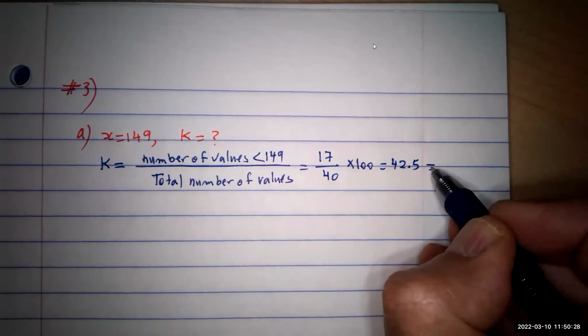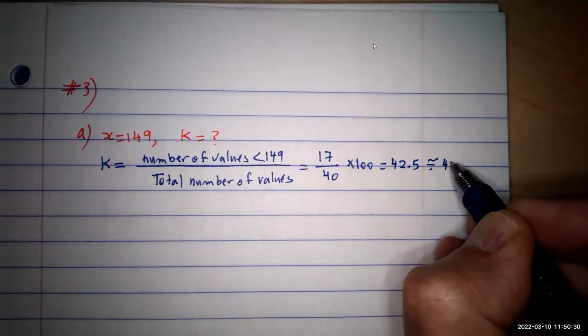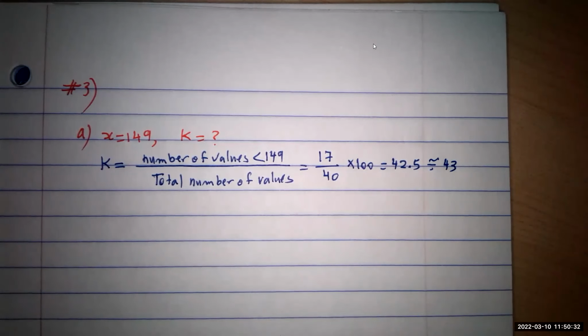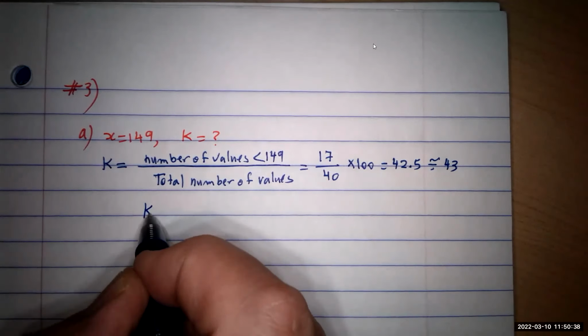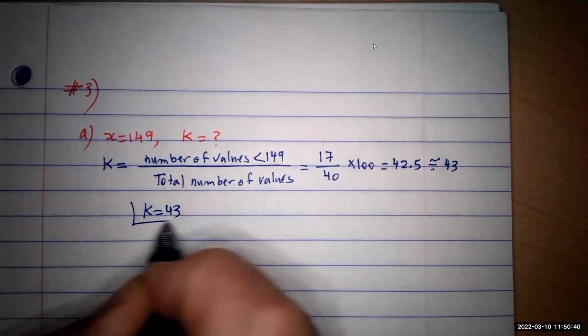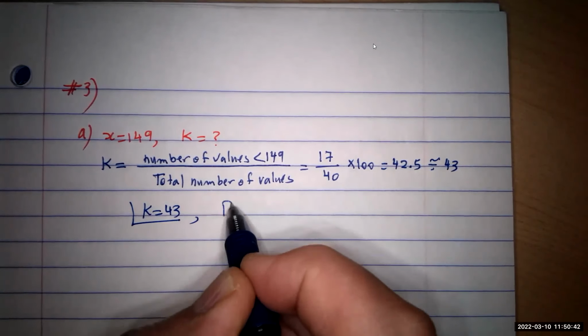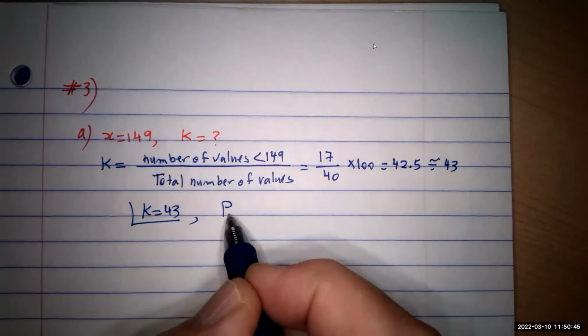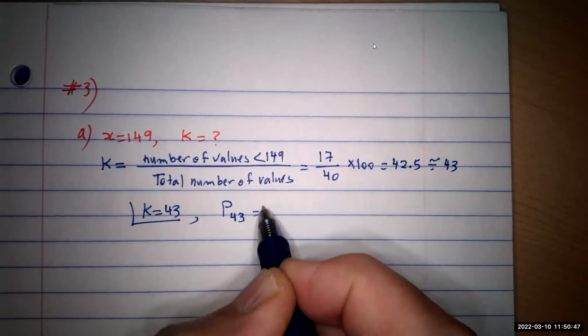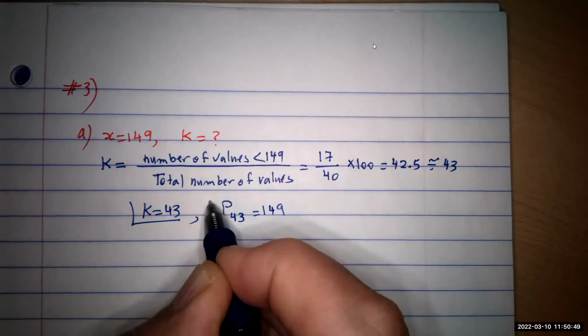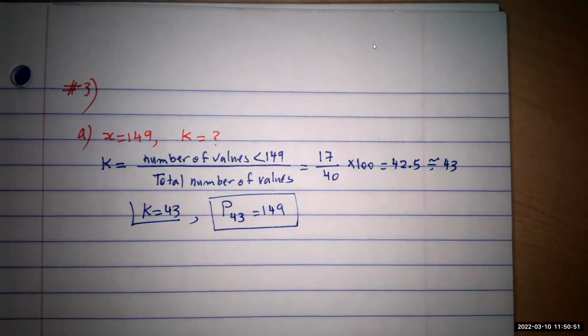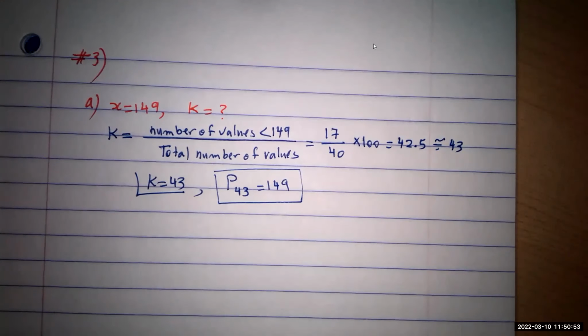So I'm going to round it up and call it 43. It's not 43%, it's a ranking for the 3rd position, if you like, percentile. So K is equal to 43, or we can write that P43 is equal to 149, or 149 is on the 43rd percentile. Any question? So it's going to be an easy case.